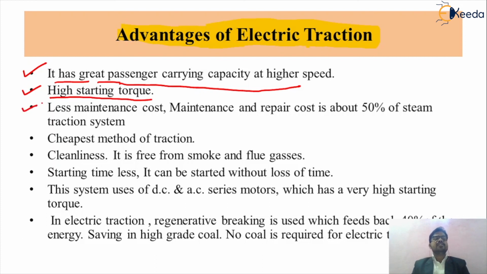Then the next advantage is less maintenance cost, because the electric motors have a maintenance or repair cost of about 50% of the steam traction system. That's why the electric traction system has very low maintenance cost. That is another advantage.